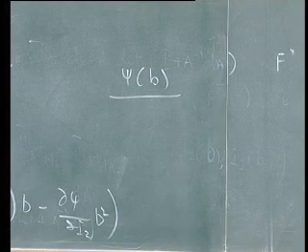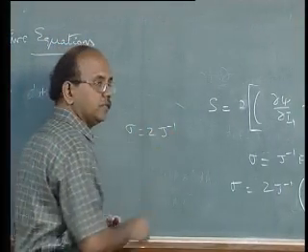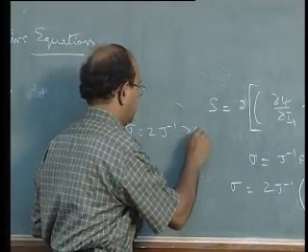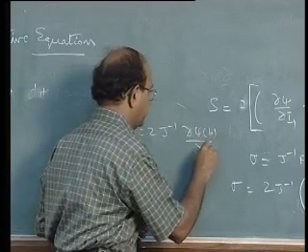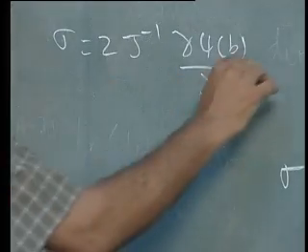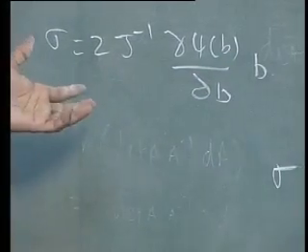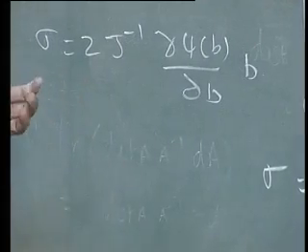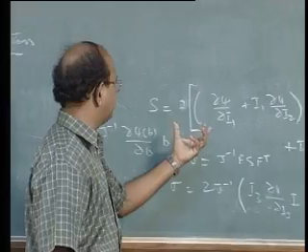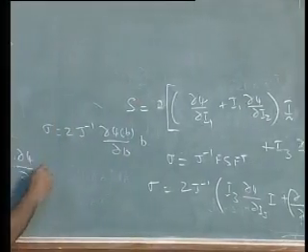If that is the case, in fact, you can write down sigma to be 2J inverse dou psi by dou B B. One of the beauties of this is that this expression commutes in the same way.